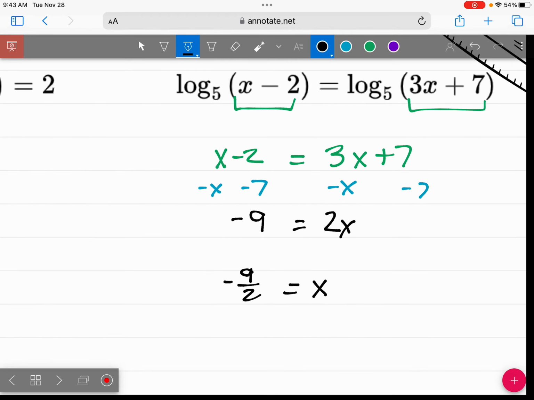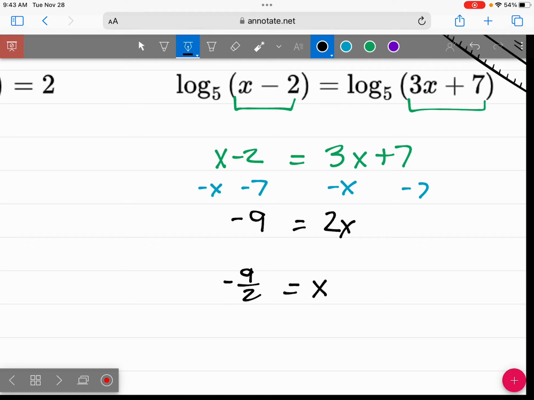Is that a valid argument for us to have? If I substitute -9/2 up here in place of x, -9/2 minus 2, my argument is negative. And 5 to the what is -9.5?